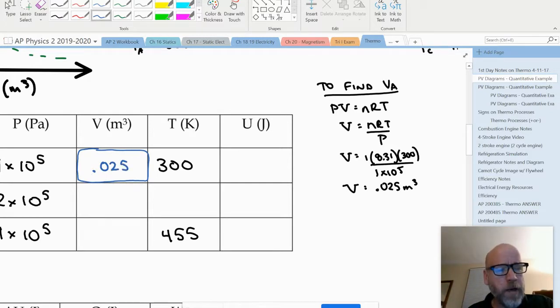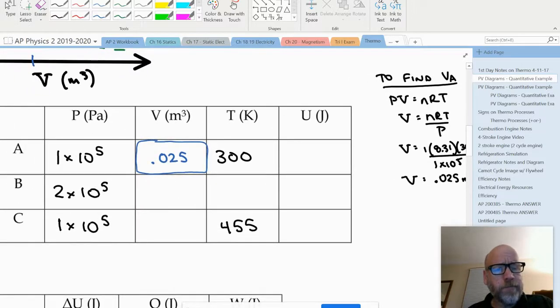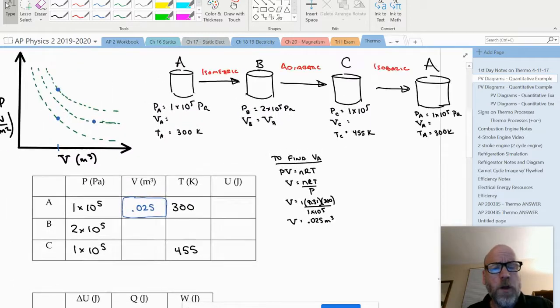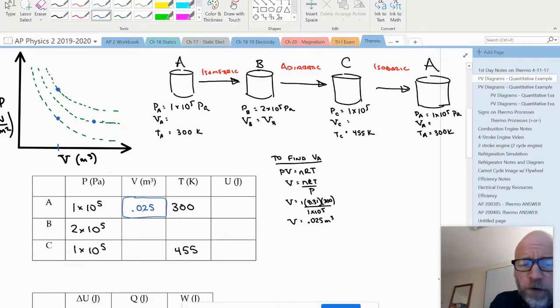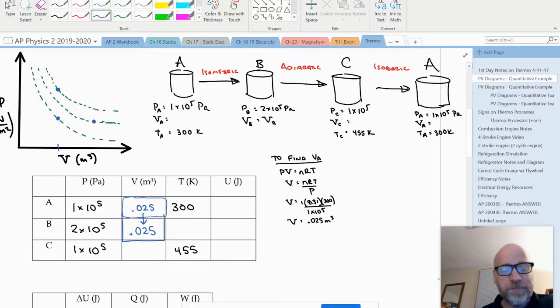All right. Now, what else do we know? What else can we find? So process A to B. B to C is adiabatic. For B, it is isometric. Oh, so it's the same volume. Check.